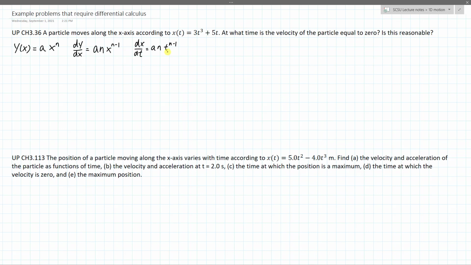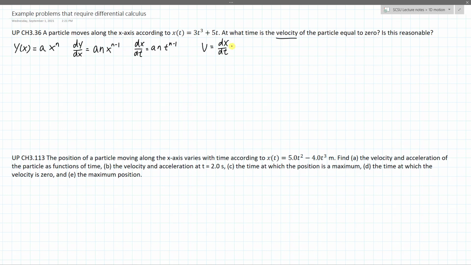And we were asked about velocity. So how do we get velocity? Well, in one previous video, I indicated that velocity and position are related by differential calculus. So let's write that out. v is equal to dx over dt. That's the definition of instantaneous velocity.